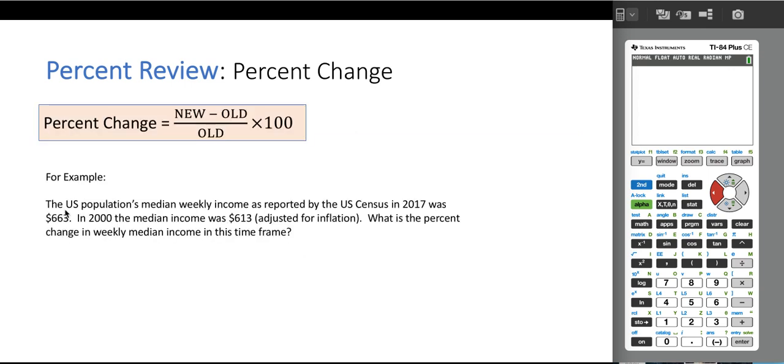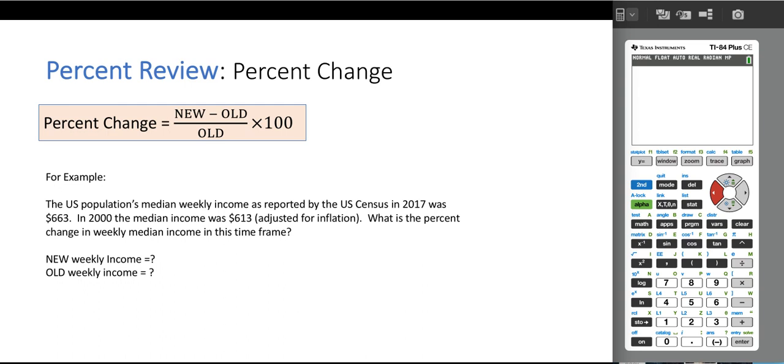So for example, consider this. The U.S. population's median weekly income, as reported by the U.S. Census in 2017, was $663. In 2000, the median income was $613, and that was adjusted for inflation. What is the percent change in weekly median income in this time frame?